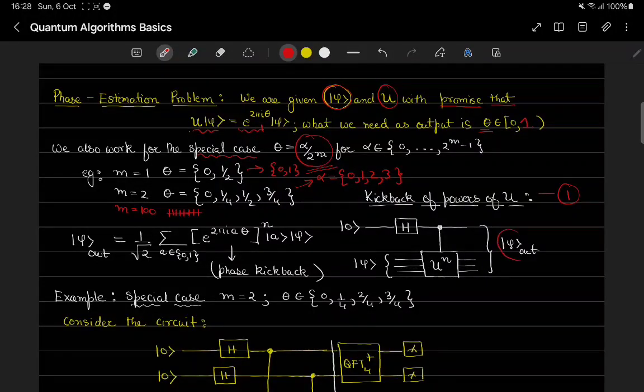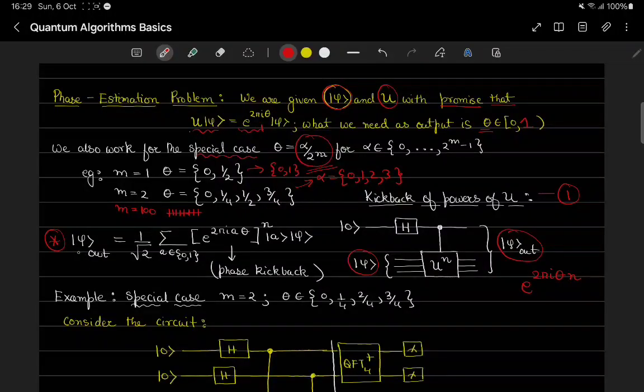What is the state in the output is the question, and this is easy to see. If the state is 0, nothing happens, but if the state is 1, then U power n gets applied to psi, which gives us e power 2 pi i theta n as the phase in front of psi.